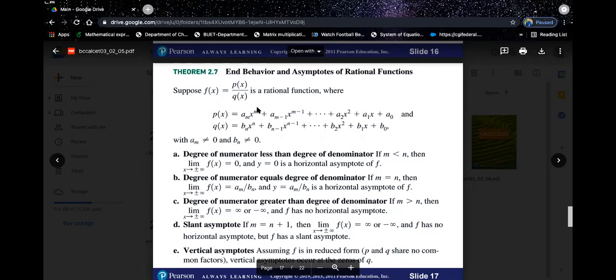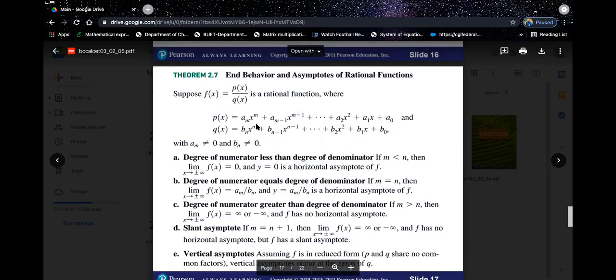Now, let's see what the requirements are for each of those. If m is less than n, then y equals 0 is the horizontal asymptote. Now, what is our m and what is our n? We just need to eyeball it. m is the highest exponent, or we say the degree of the numerator, and n is the degree, or the highest power, of the denominator.